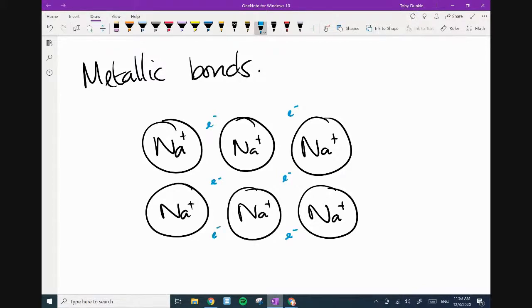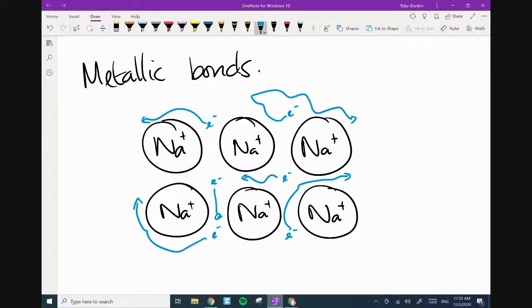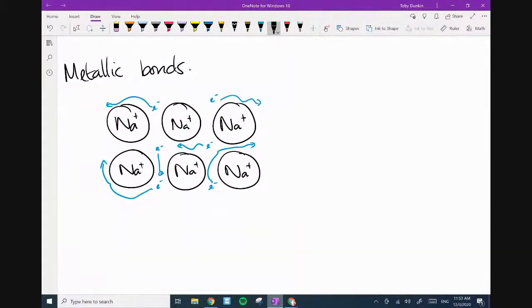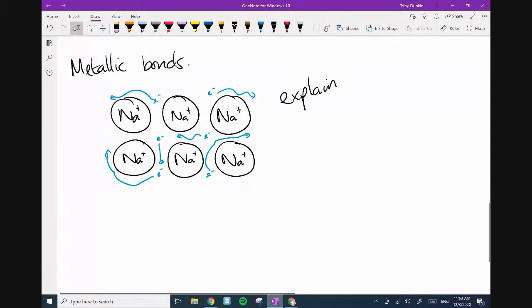And those electrons are free to flow through the structure. This is why they can conduct electricity. So this picture all of a sudden changes things entirely. We are now using this to explain.